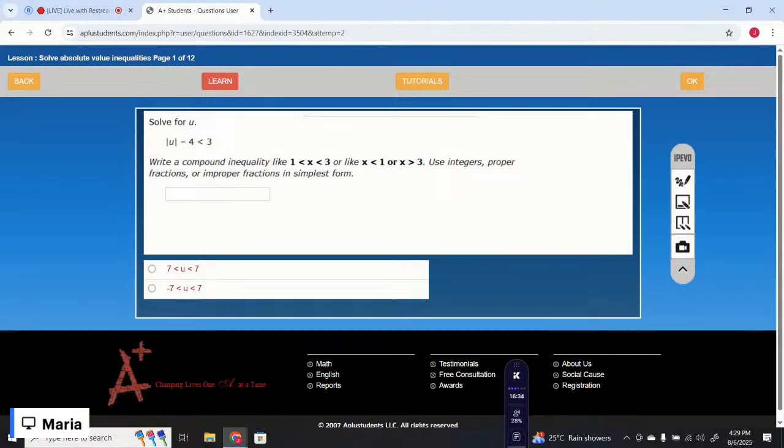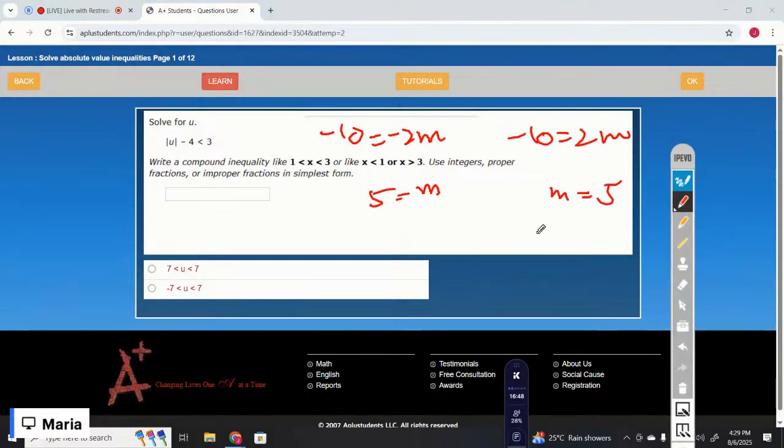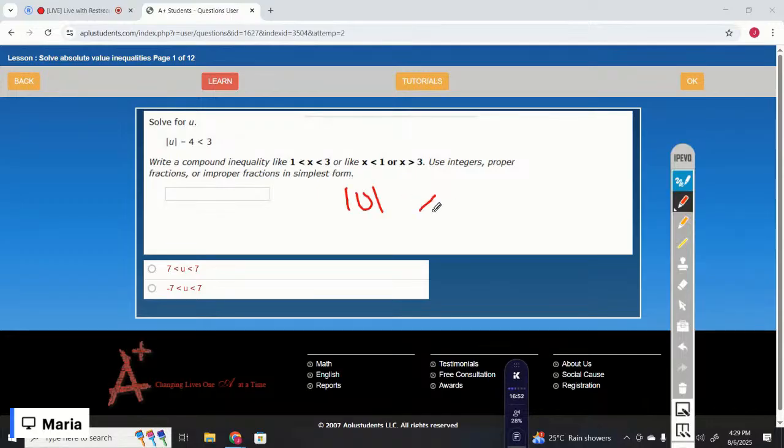Absolute value of u minus 4 is less than 3. So let's just solve the equation. It would be absolute value of u is less than 3 plus 4. So absolute value of u is less than 7.